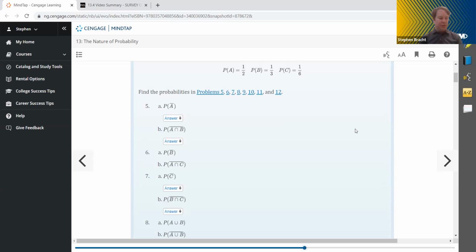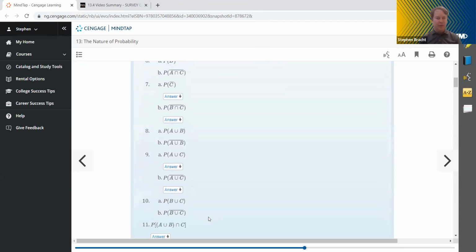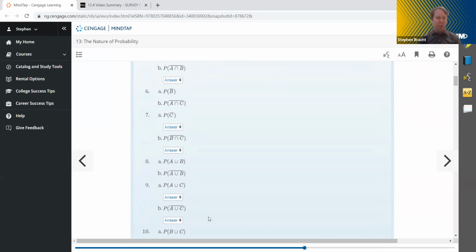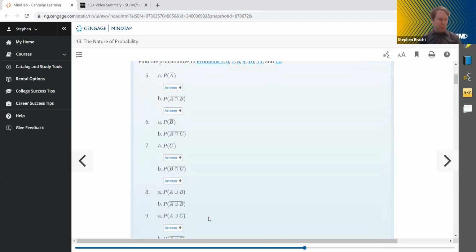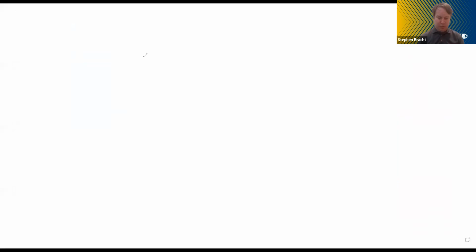And I'm going to do actually 5, 8, 11, and 12. All 4 of those problems refer to the same probabilities. I'm going to go back and forth a little bit. I'm going to bring up a whiteboard right now, and then we'll have to jump back and forth. There's no other way to do it with this.